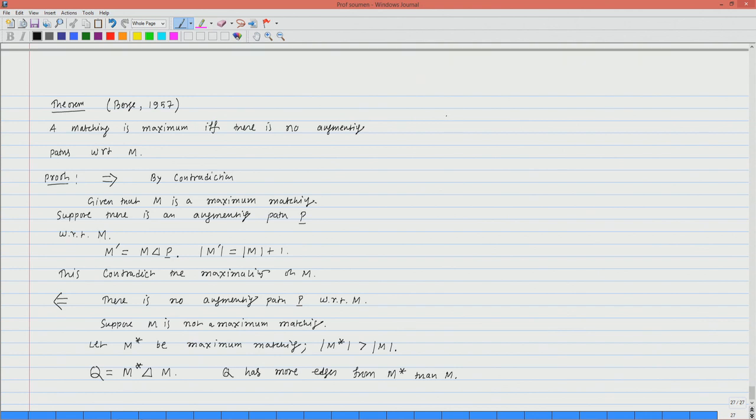Now, from the previous theorem, since Q is the symmetric difference of two matchings, what we know is that every component of this graph Q is either a path or an even cycle, right.